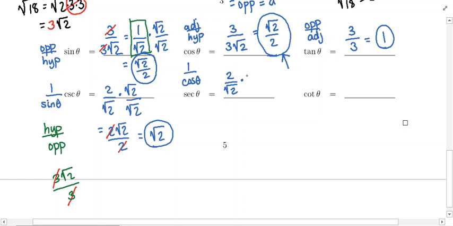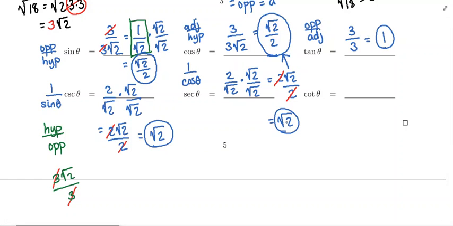Multiply by the square root of 2 over the square root of 2. This is going to give us 2 square root of 2 over 2. Again, the 2 out front cancels with the 2 at the bottom, and you get the square root of 2. Makes sense. Sine and cosine are the same, which means cosecant and secant should be the same.